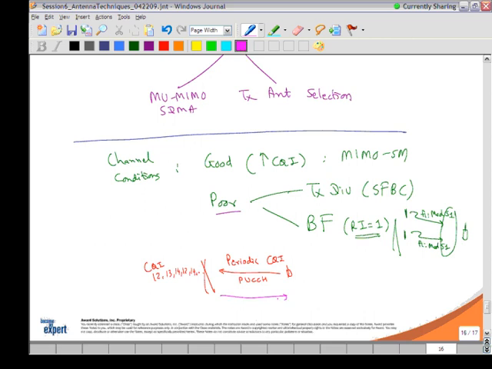So now the eNodeB will switch to spatial multiplexing. So this decision is made in the eNodeB.